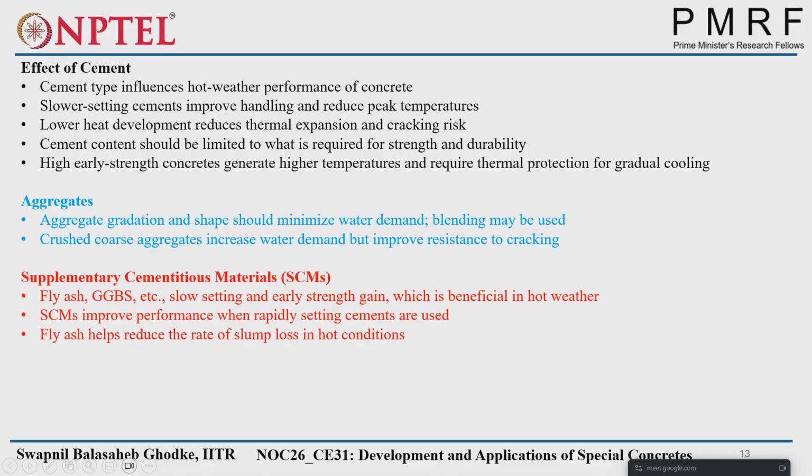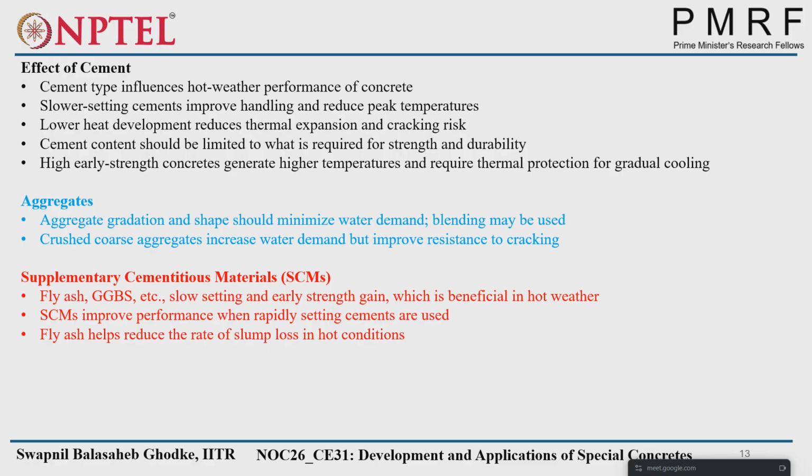Another thing given here is that fly ash helps to reduce the rate of slump loss in hot conditions. So fly ash is probably what people use wherever they don't want to lose slump, to maintain the same workability in hot weather conditions. Because fly ash has circular particles, it requires less water to enhance its lubrication, and it also takes part in the later hydration process.